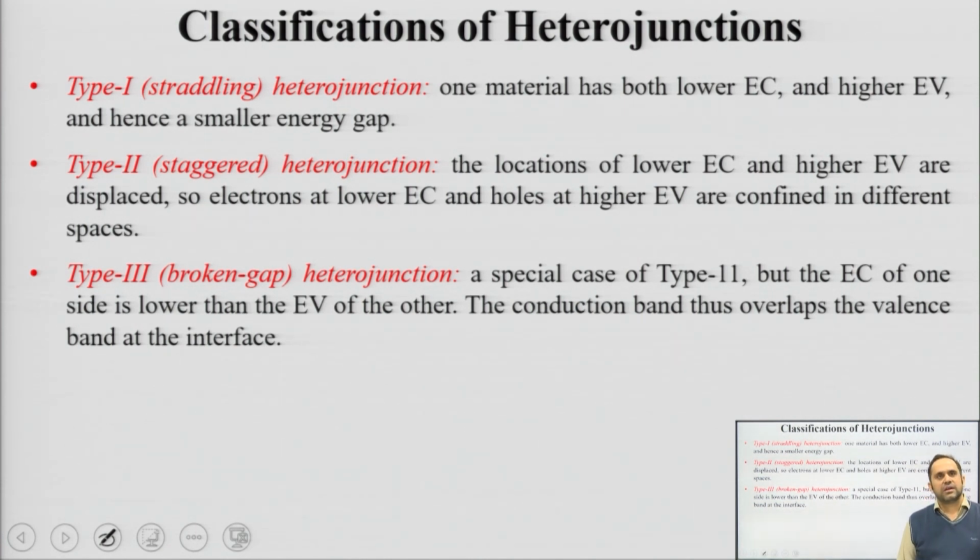Type 3, which is a special case of type 2, has the conduction band minima of one side lower than the valence band maxima of the other. When we say one and other, we mean the two materials: EC and EV of the film, and EC and EV of the substrate. So, in type 3 the conduction band overlaps the valence band at the interface, which is why we say broken gap heterojunction.